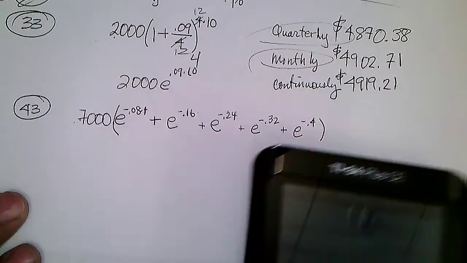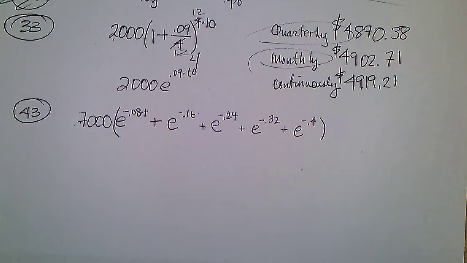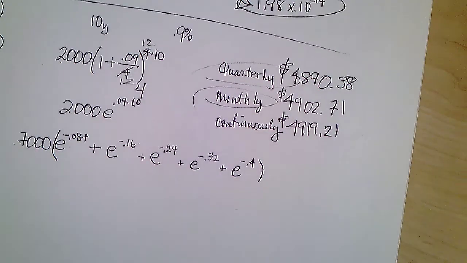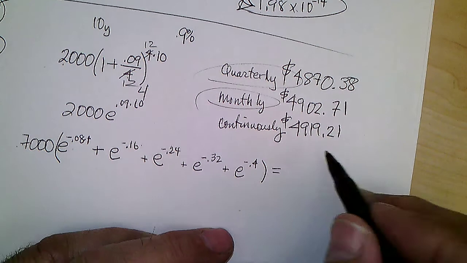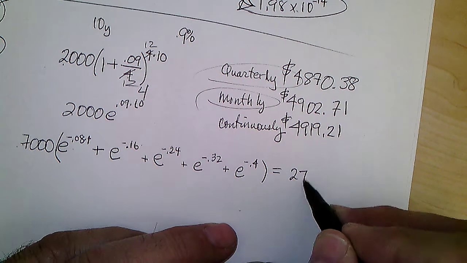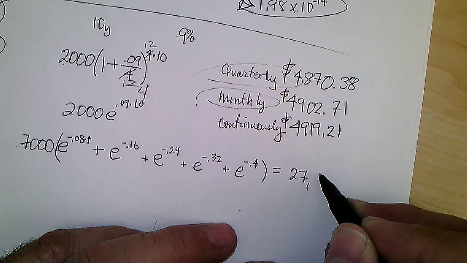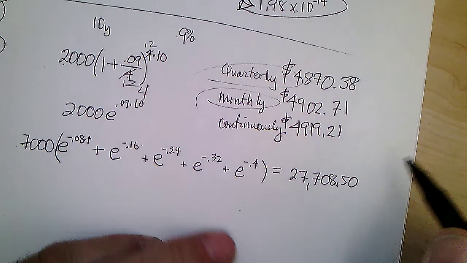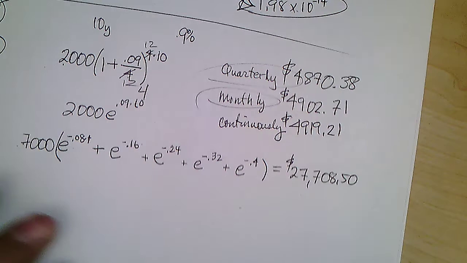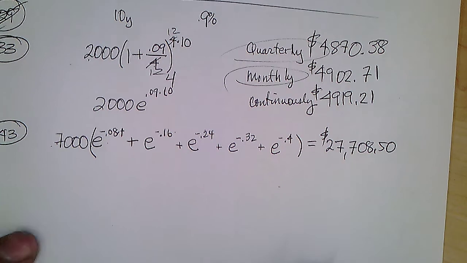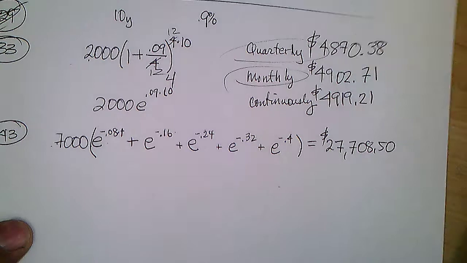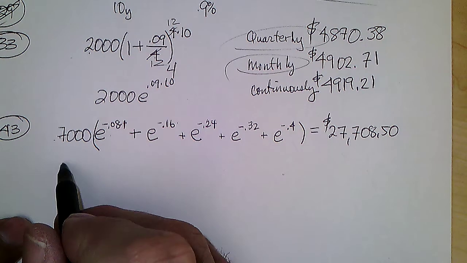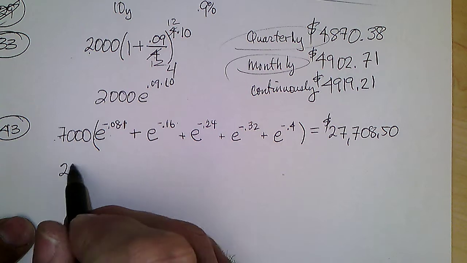And we would get, let's see, I think they show all of that in the book. Yes, they do. It comes out to be, in the answer at the back of the book, $27,708.50. So that's how much money you would save. Now they're saying you would have to spend $25,000.